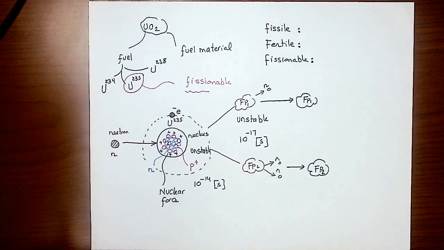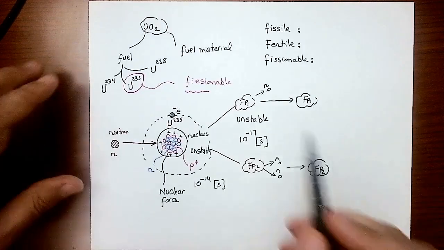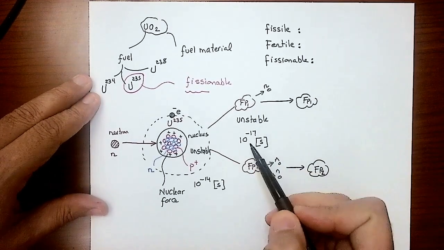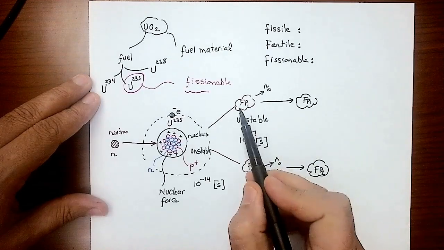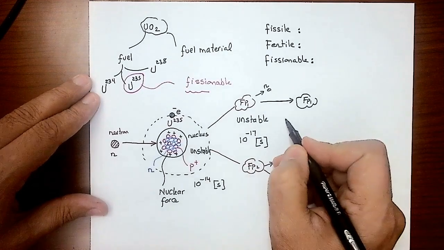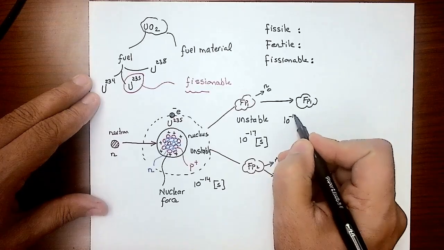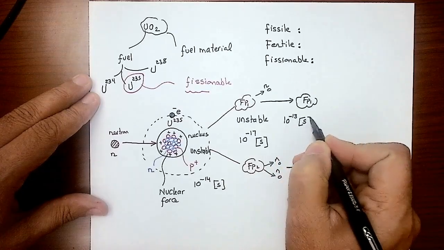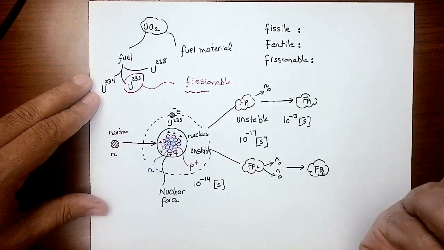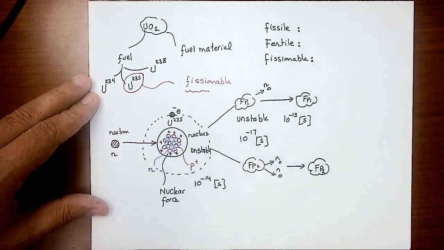Then we discover that in reality, it still doesn't become stable. And by the way, going from that stage to that stage, so 10 to the minus 17 to emit neutrons, then the transformation time here could take about 10 to the minus 13 seconds. I'm trying to give you the sensation of the time for each one of these steps.